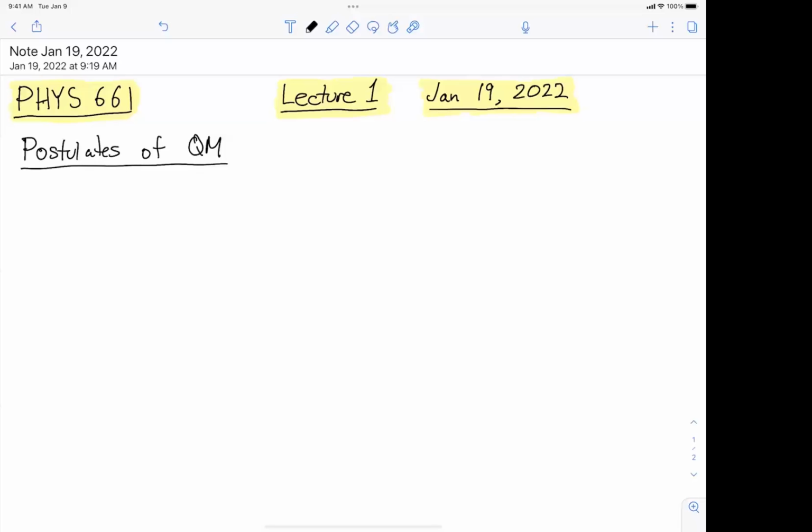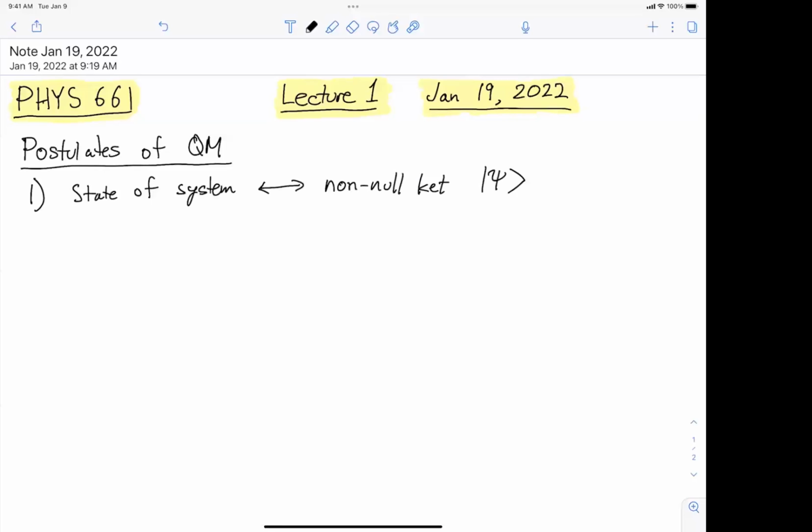Okay, and so the first one is that the state of a system is represented by a non-null ket. Often we will use psi for that non-null ket.